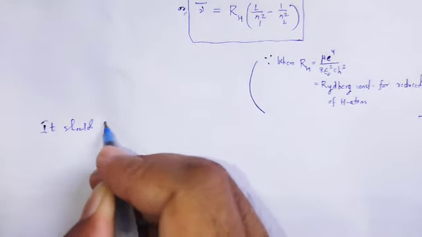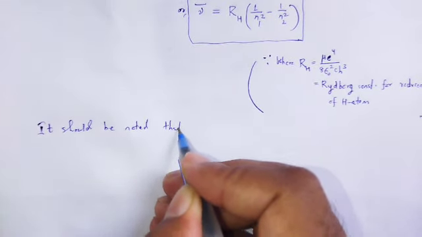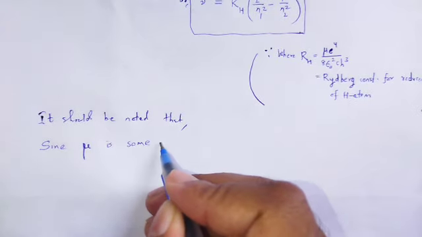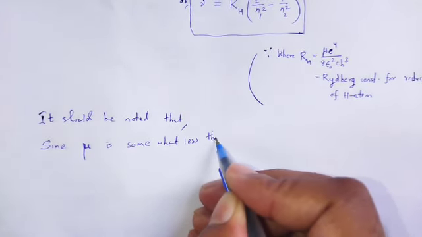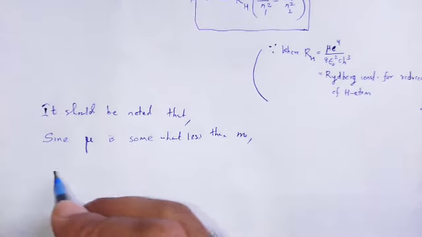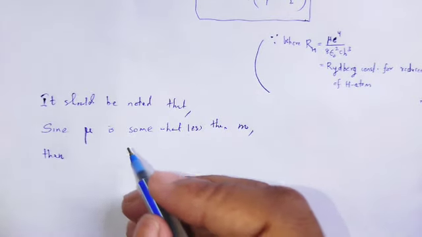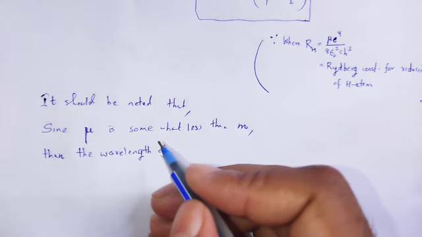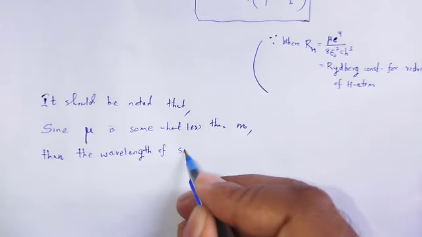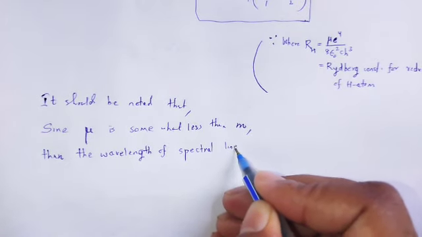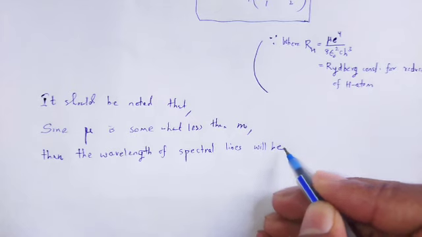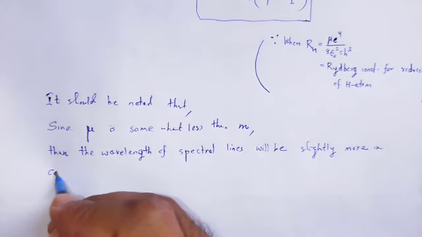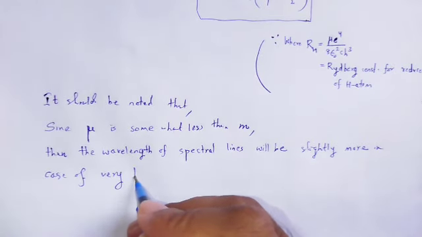It should be noted that since mu reduced mass is somewhat less than small m, then the wavelength of spectral lines will be slightly more in case of very heavy nucleus.